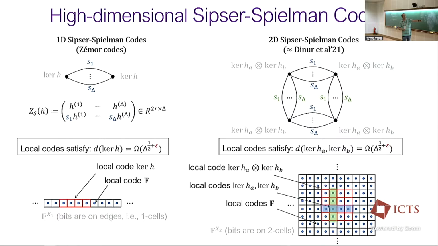We have three levels: bits, rows, columns. This is the next level, and we also have a square here. This square corresponds to the tensor product code. So here we have three levels of locality. And this is exactly why we get a chain complex out of this that has three levels.